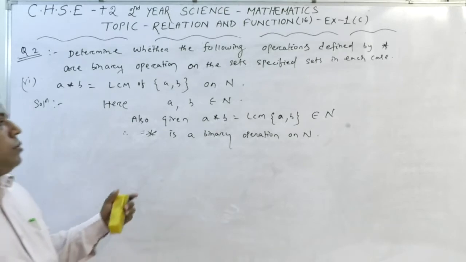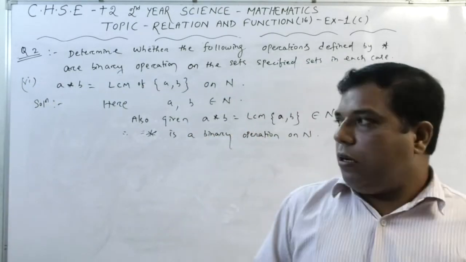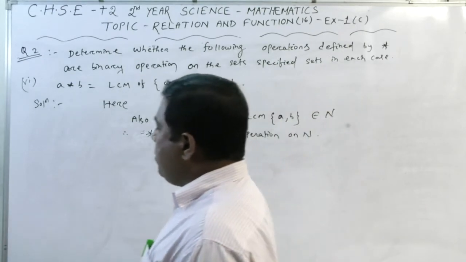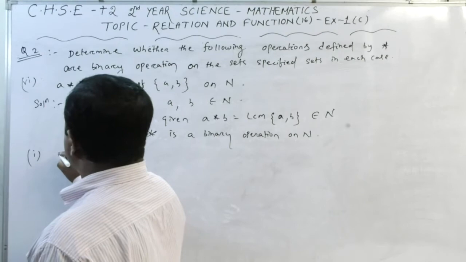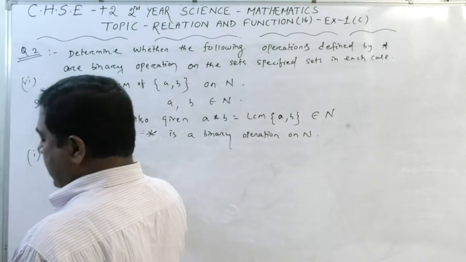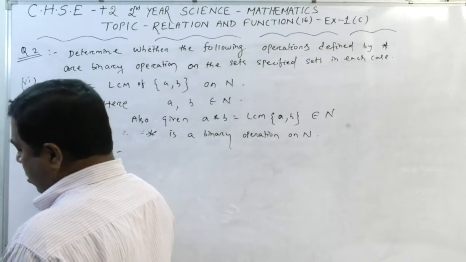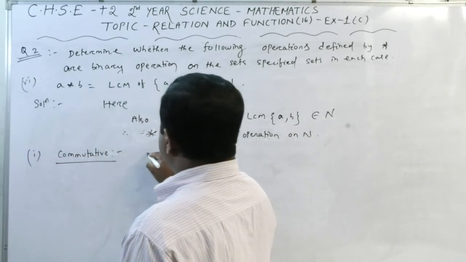Now we will show whether all the properties are satisfied by the binary operation or not. So if it is a binary operation, now we are going to check whether it is commutative or not. That we are going to verify. Now A star B is what?